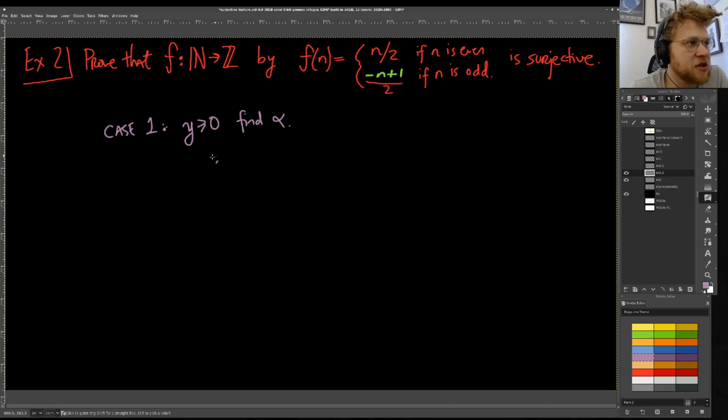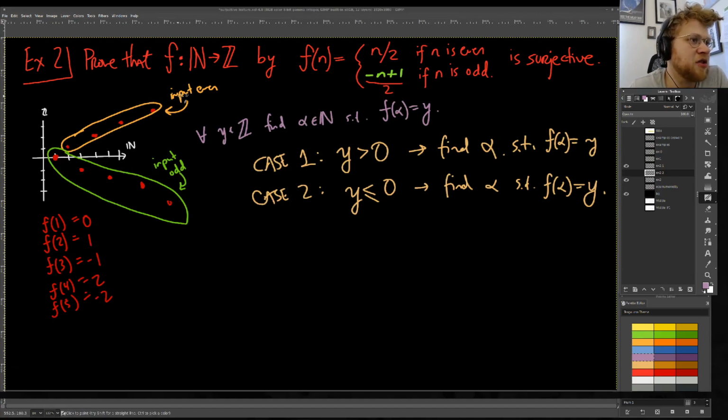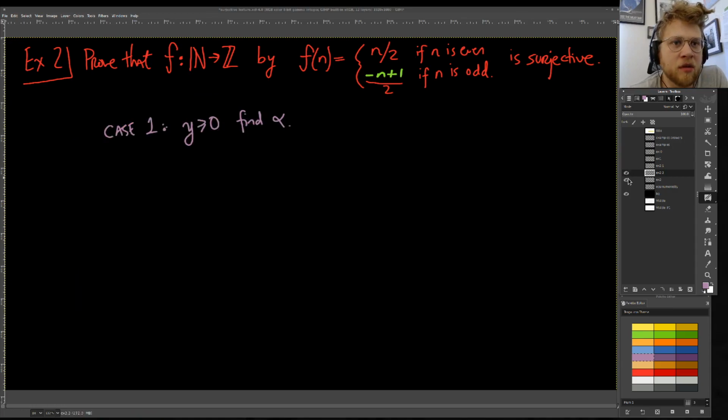You'll notice it's kind of weird, like what case are we supposed to use? Looking at our graph here, you should see if y is greater than 0, we will have an even input.